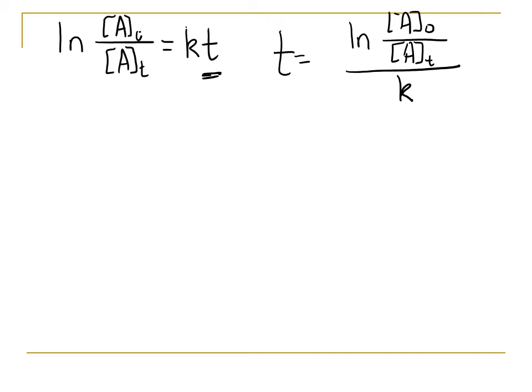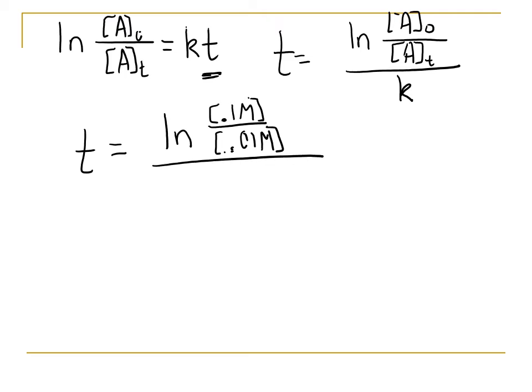Now remember, we identified what all those variables were on that last page. So let's plug them in. So we have time equal to the natural log of the initial concentration was 0.1 molar. The final concentration was 0.01 molar.